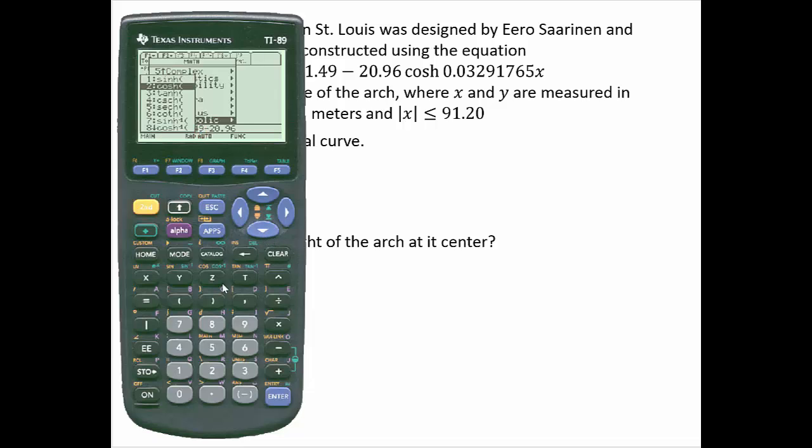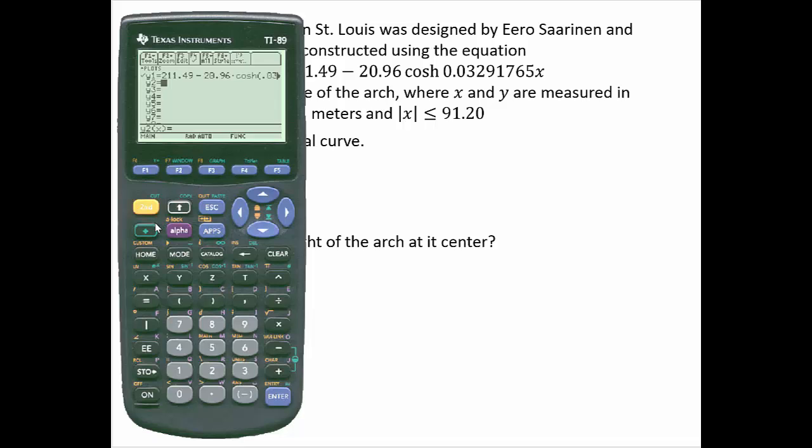So I need the hyperbolic cosine function. I'll hit enter. And now I need to type in 0.03291765. Close that off. Don't forget the x. Now hit enter. It's in there.